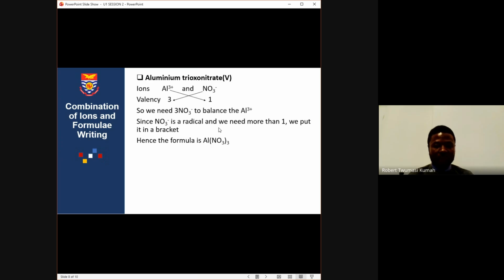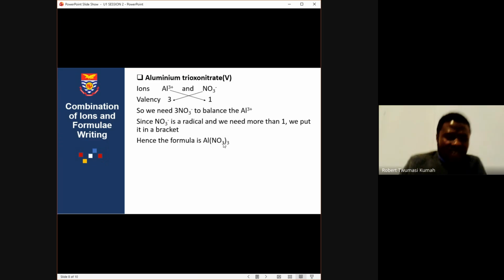And the 3, we are putting outside the bracket. The 3 outside the bracket indicates that it is multiplying the whole of what we have in the bracket. So it is multiplying the 3 such that we have three atoms of nitrogen, and it is multiplying the 3 of the oxygen, and we have 9 here.